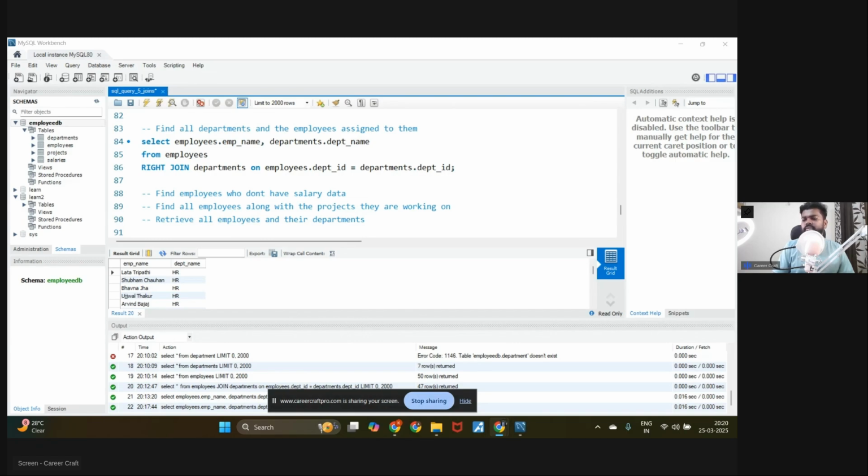Everyone, find employees who don't have salary data. Santanu has also written. Very good.